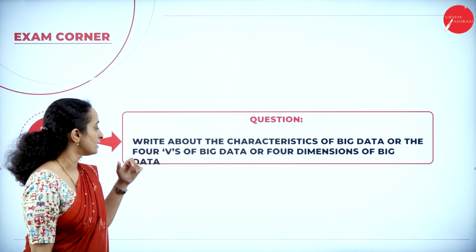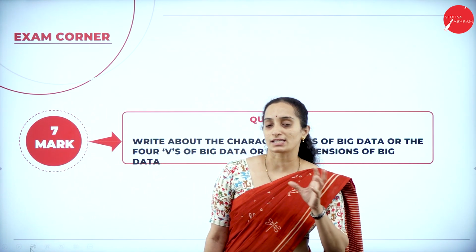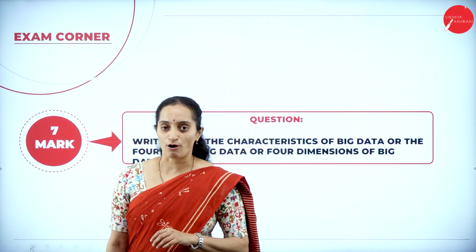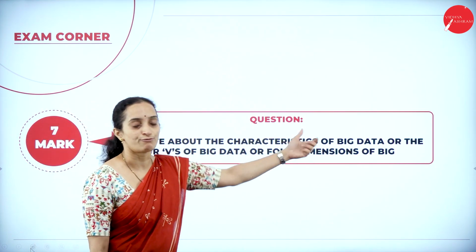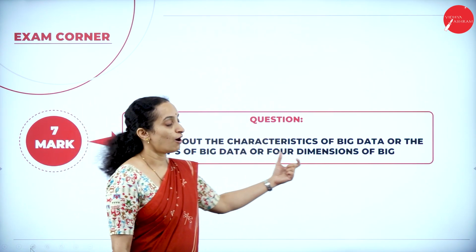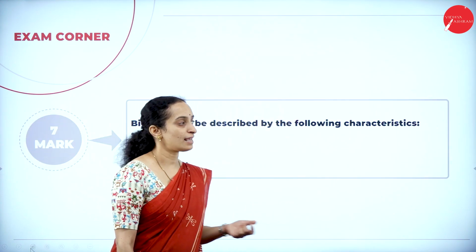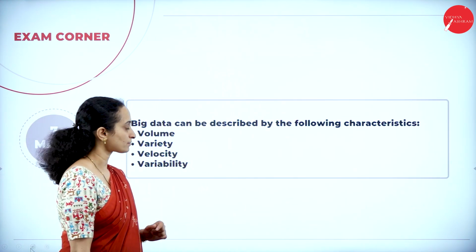Next question is write about the characteristics of big data. This question can be asked in different forms, like characteristics of big data, or 4 V's of big data, or 4 dimensions of big data. The answer is the same for all of these.